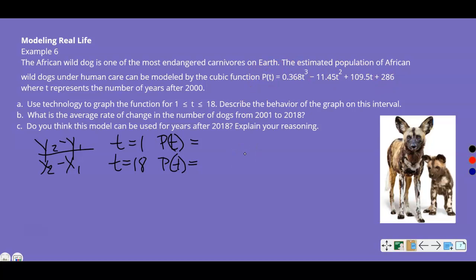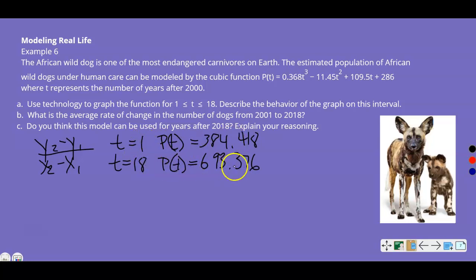All right, now when we do that, when I plug 1 in, I'm going to get 384.418. And when I plug 18 in, I got 693.376. All right, so you may have rounded a little bit differently, but now we have two ordered pairs. We have an x and a y.